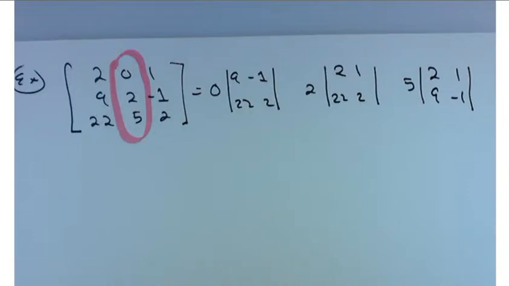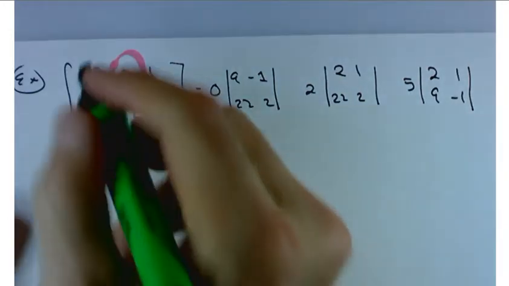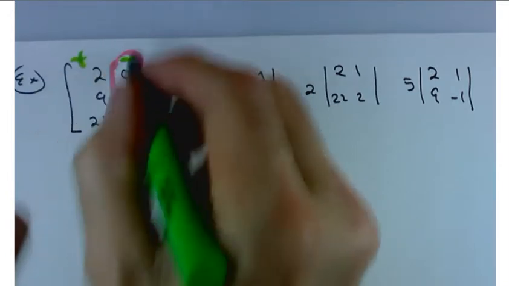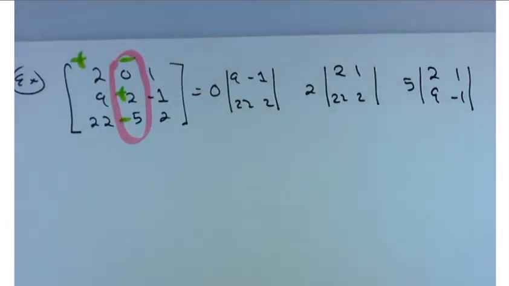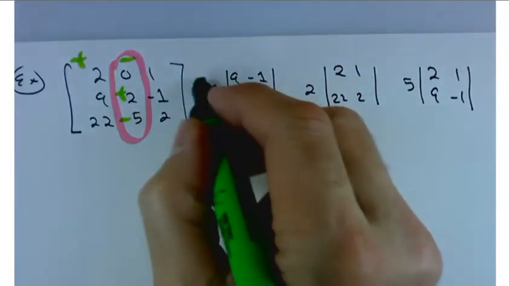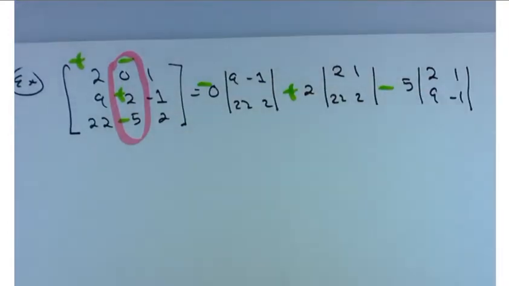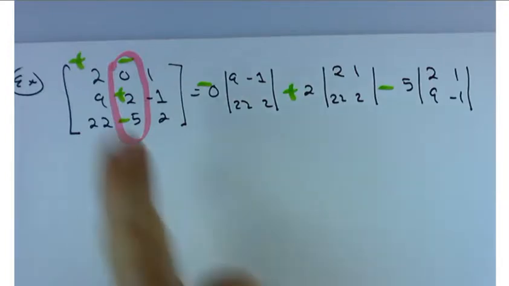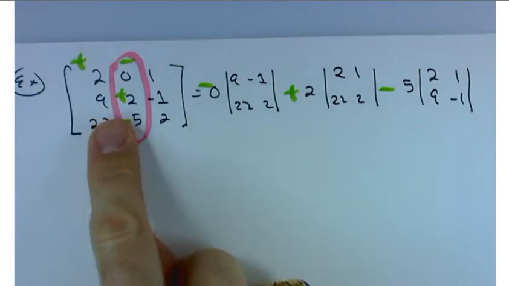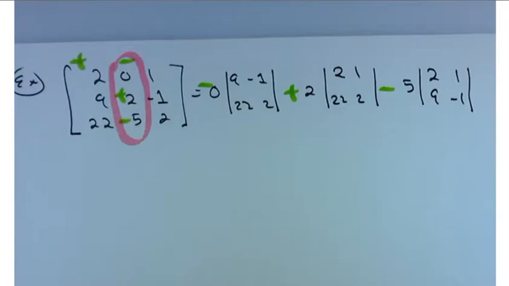Now the pattern, in terms of how I add this up, still starts out kind of the same. This is a plus, that's a minus, that's a plus, that's a minus. So in terms of adding these things up, it's minus, plus, and minus. So you see how those alternate. Now your strategy, if you're stuck doing this by hand, is to try and look for a row or column that has as many zeros as possible.